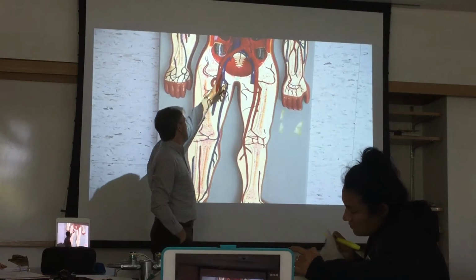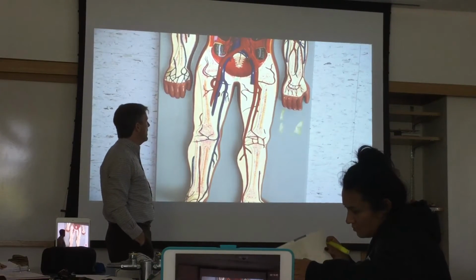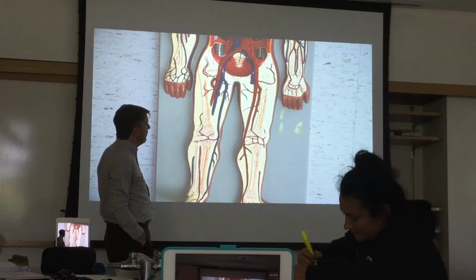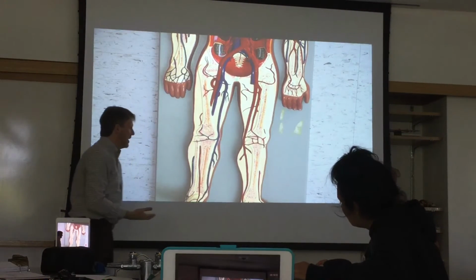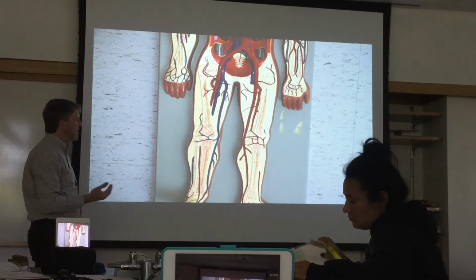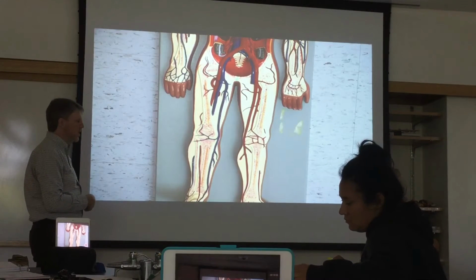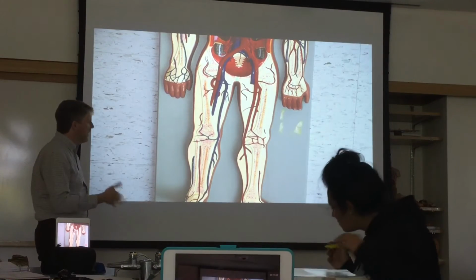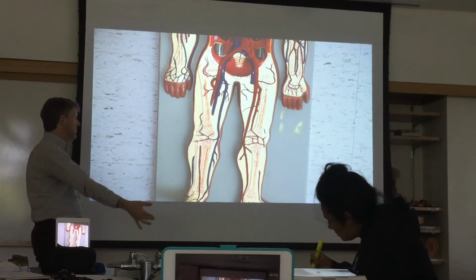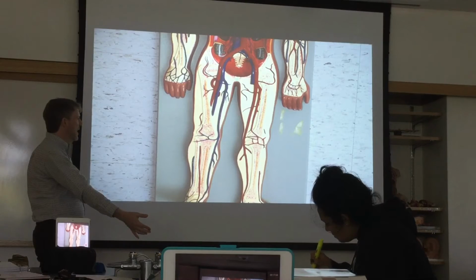When it passes over to the hip bone, it changes names to the femoral vein. You have a deep set of veins in the legs. The deep set of veins in the legs have the same names as the arteries do. So there's a femoral vein, popliteal vein, etc. But then there's also a whole new superficial set of veins that have funky names to them.